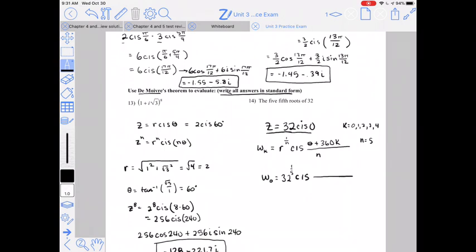And then CIS. And now we need to figure out the angle. So remember, theta was 0, and then we have 360. In this case, k equals 0, divided by 5. This value here turns out to be 0 divided by 5, which is 0.